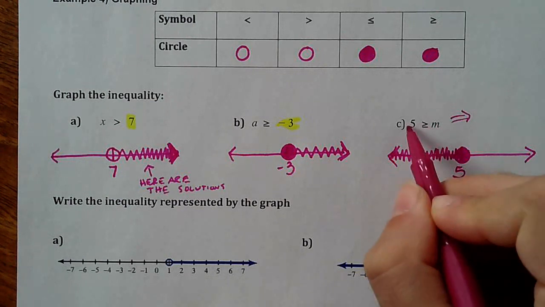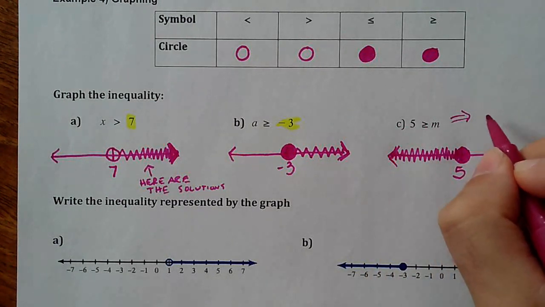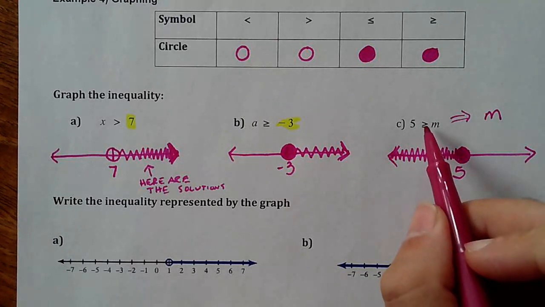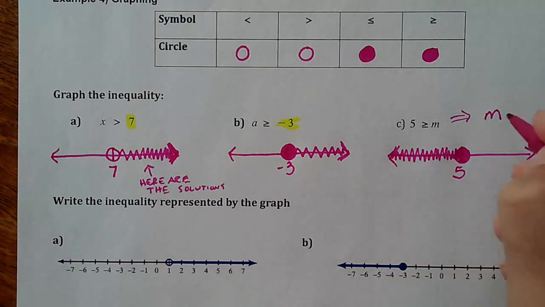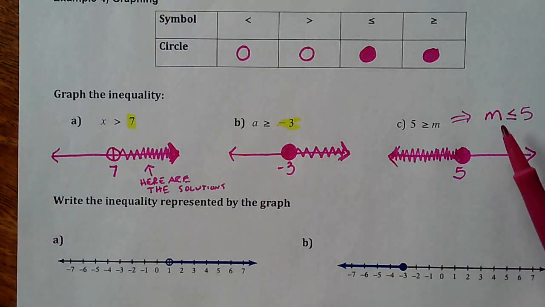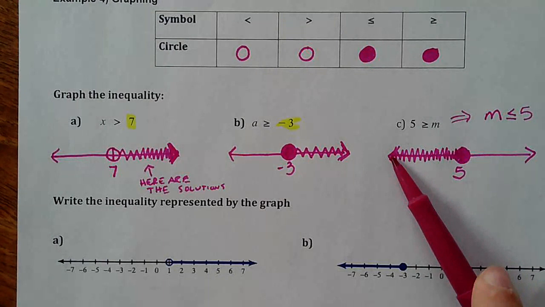We could flip these all around and it might make a little more sense. So if I put the m first, I have to flip everything. I have to flip the symbol from a greater than to a less than, keep the equals, and put my 5. So this might help us understand this a little more: the numbers less than or equal to 5. Left of 5.